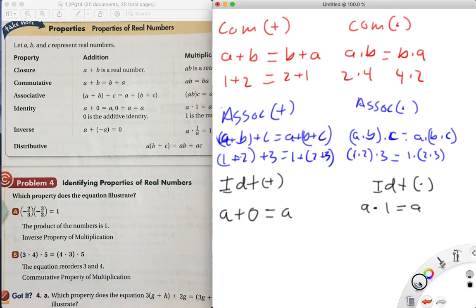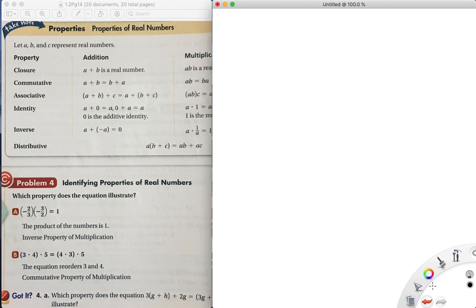Inverses. There's an additive inverse and a multiplicative inverse. What the additive inverse says is that if I have some number and I add its inverse, then I should always get 0.